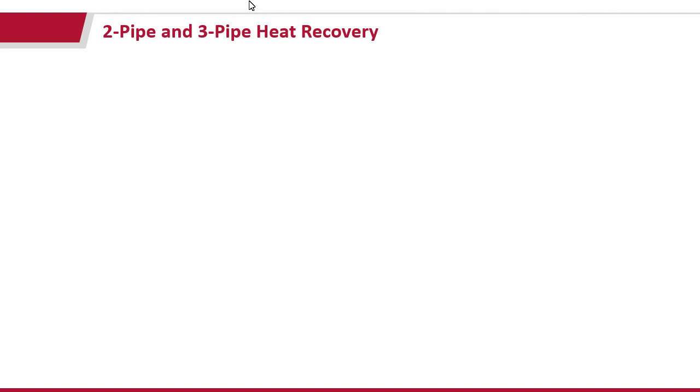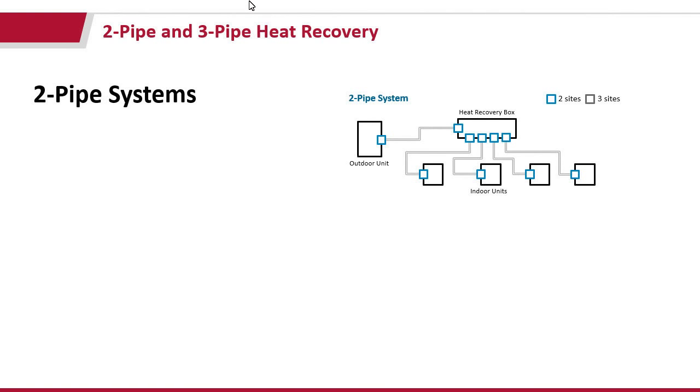So we have two different types of heat recovery systems. We have the two-pipe system, which is only used by Mitsubishi, just so you know. Everyone else is on the next type of system, but the two-pipe system works like shown in the diagram, and it has a liquid line and a mixed state line.